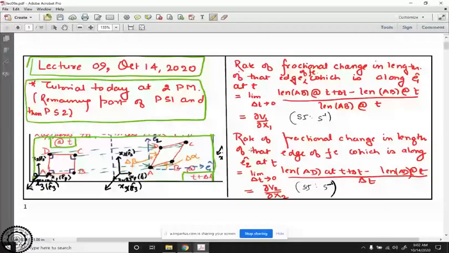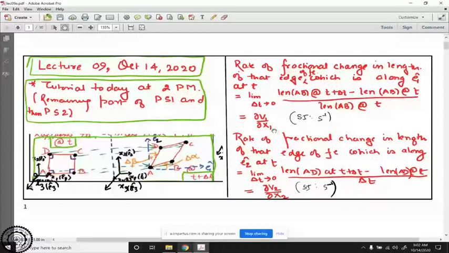Rate of fractional change in length of that edge of the fluid element which is along E2 at t, which is edge AD. Again, we define it in this manner: length of AD at time t plus delta t minus length of AD at t, divided by delta t. That expression simplifies to del V2 del X2. So there is indeed a pattern.